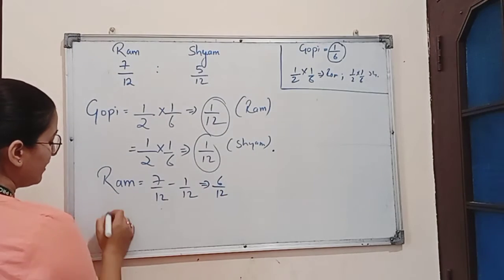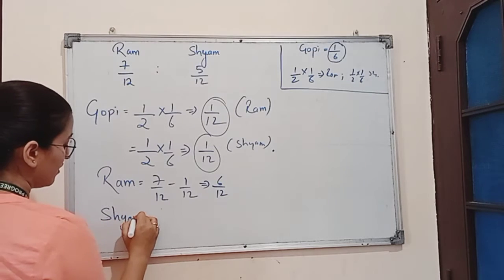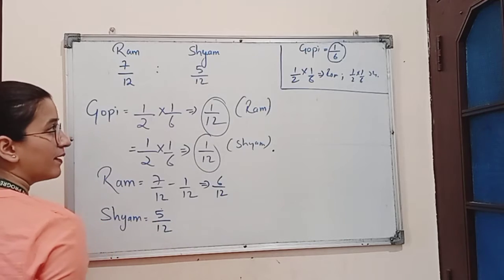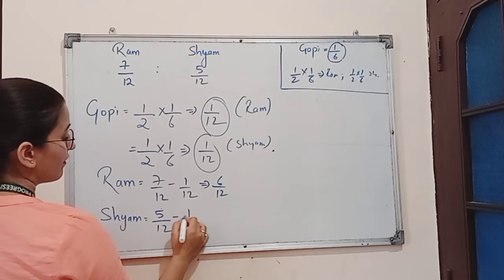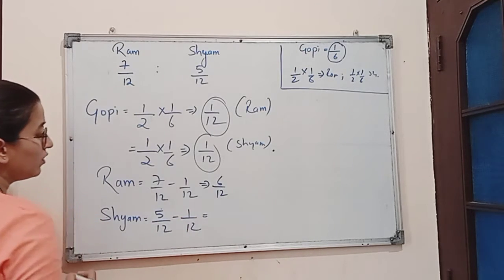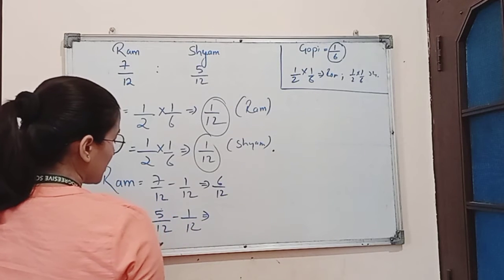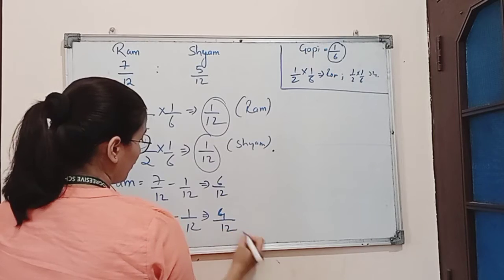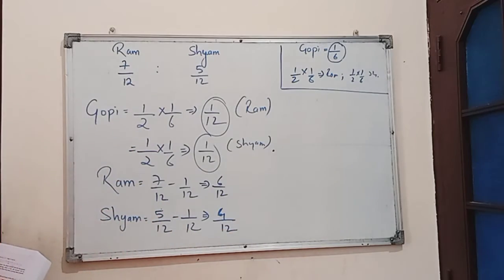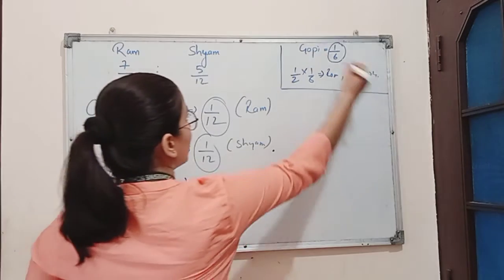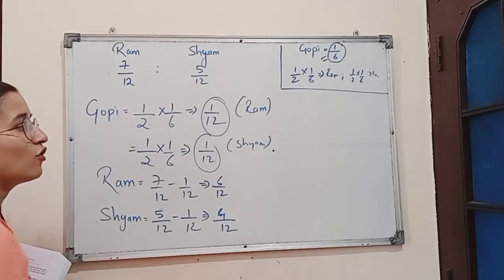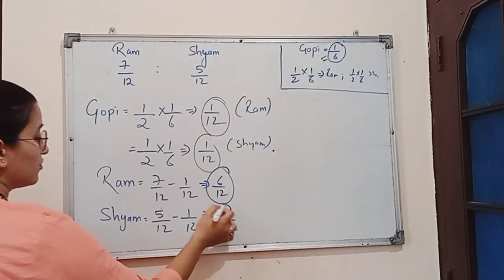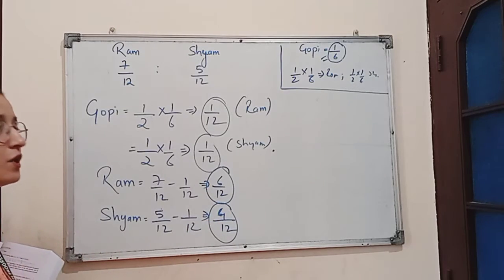If we calculate Shyam's remaining share, the total share of Shyam was 5 by 12, out of which 1 by 12 he has surrendered to Gopi. So the remaining share of Shyam will be 4 by 12. So it is clear that the new share of Gopi is 1 by 6, the new share of Ram is 6 by 12 and the new share of Shyam is 4 by 12.